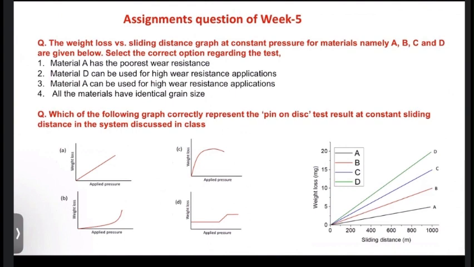Think in which test we discussed the sliding distance and the weight loss. What was that test called, and what was the purpose of that test? It was called the pin on disk test.